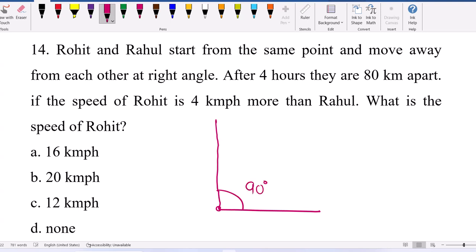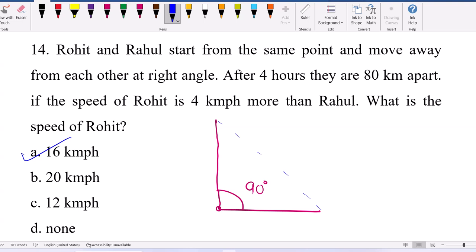Right. After 4 hours, they are 80 kilometers apart. Means, see, distance is 80 kilometers, that is the shortest one. And in fact, the answer is 16, 12. Yeah, Rohit is more, so 16 is the answer. Rahul will be 12.